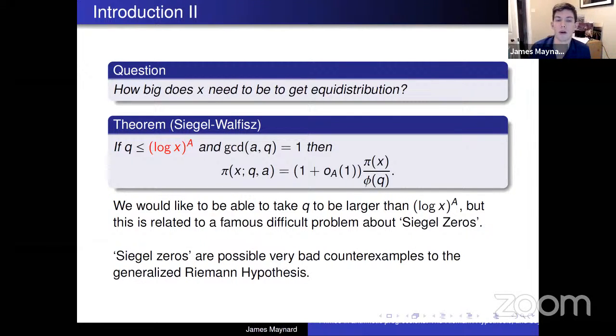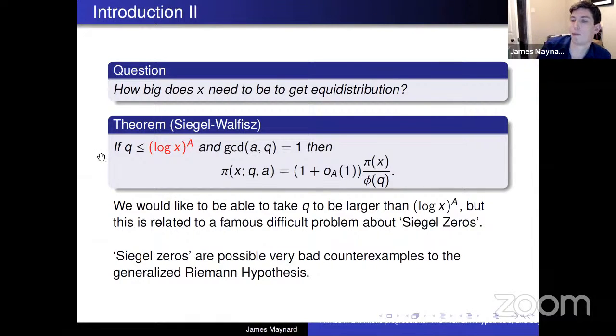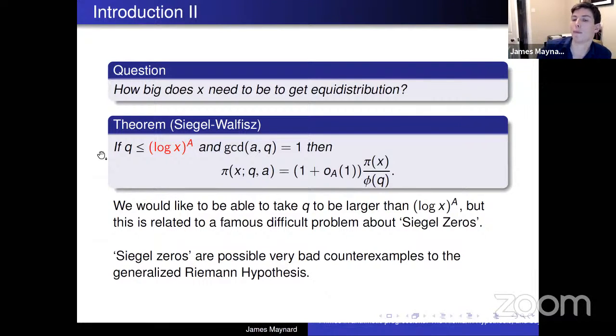but unfortunately, improving on this range of q is essentially a reformulation of a very famous difficult problem which is related to the Riemann hypothesis, known as the problem of Siegel zeros. So these are potential very bad exceptions to the Riemann hypothesis that we think shouldn't exist, but our tools at the moment just seem incapable of ruling them out.